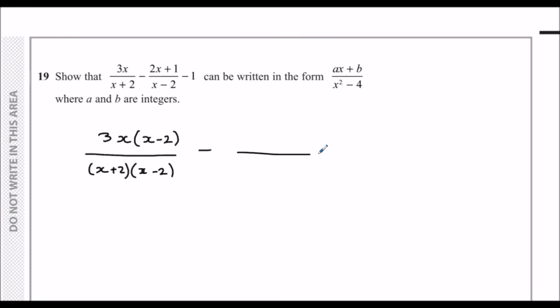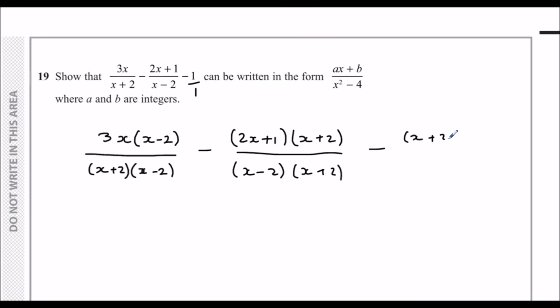For our second fraction, we're going to multiply the bottom by x plus 2. So we're going to multiply the top by x plus 2 as well. And for the 1, we're going to change it. So at the moment we've got 1 over 1. To get the denominators the same, we need to times top and bottom by x plus 2 times x minus 2.